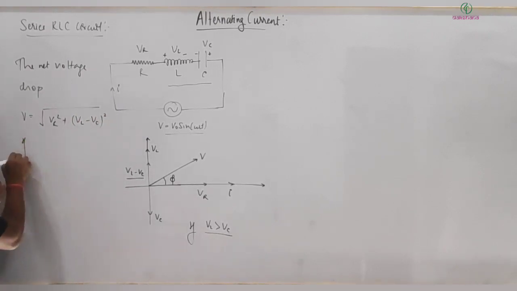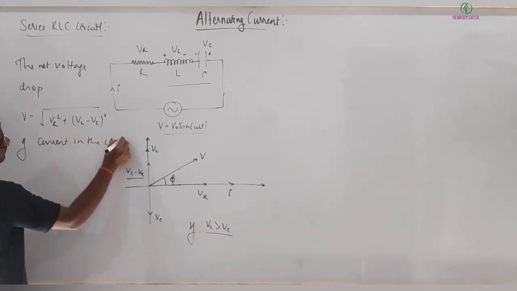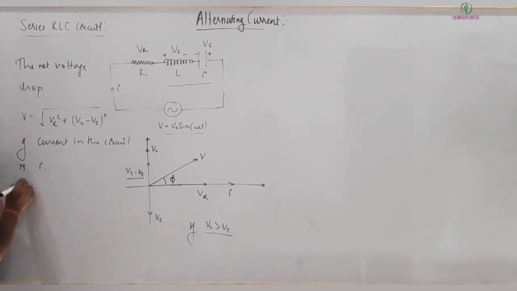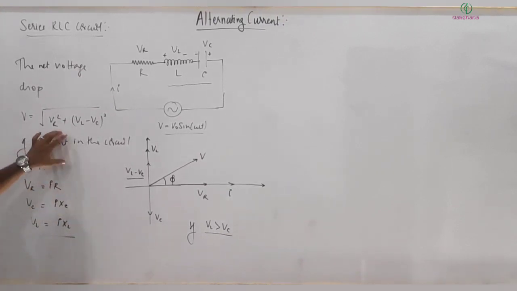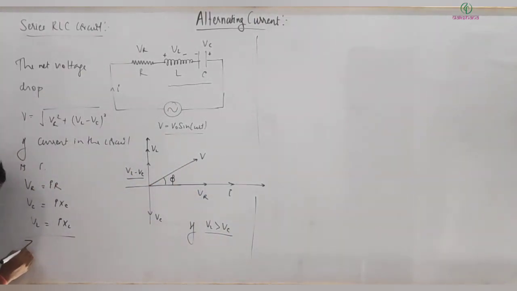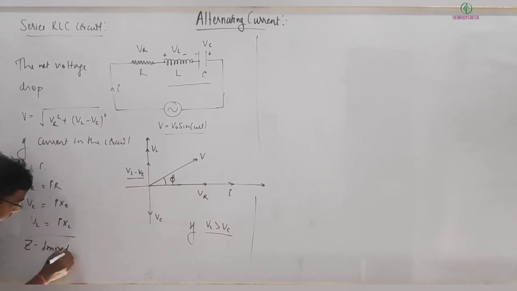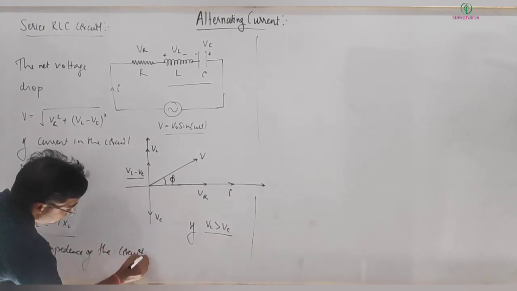If the current in the circuit is I, then VR is equal to I times R, VC is equal to I into XC, and VL is equal to I into XL. I hope you are already clear with what the term XC is, but still I will tell you what it is. So if I substitute everything there, what do I get? Let's say Z is the impedance, the net impedance of the complete RLC series circuit.